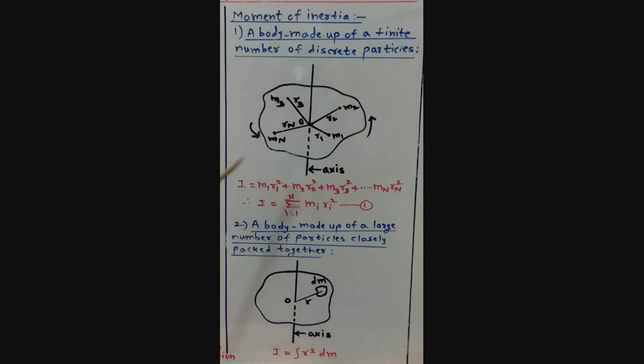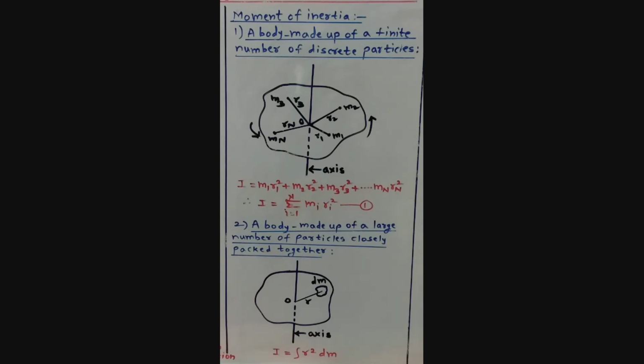Then, by the definition of moment of inertia, the moment of inertia of the body about the given axis of rotation is given by I is equal to m1 r1 square plus m2 r2 square plus m3 r3 square plus dot dot dot plus mn rn square. Therefore, I is equal to summation mi ri square, where i is equal to 1 to n. Let this be equation number 1.